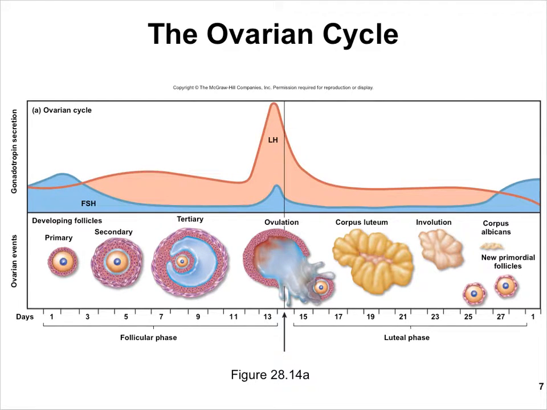All right? The start of the sexual cycle officially begins on the first day of menstruation. So this day here, day 1, that's the first day of menstruation. In day 1, this is the follicular phase.